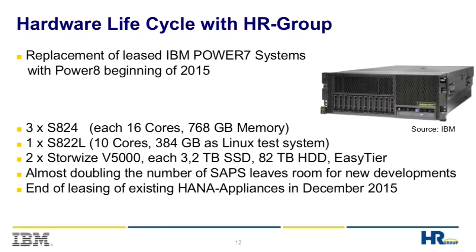At this time, it was much more than we have right now today. But to fulfill the KPIs, we sized the part of the already installed storage that we need. And as you see here, we doubled the spindles from the Power 7 to the Power 8 migration, leaving room for new deployments and for growth.